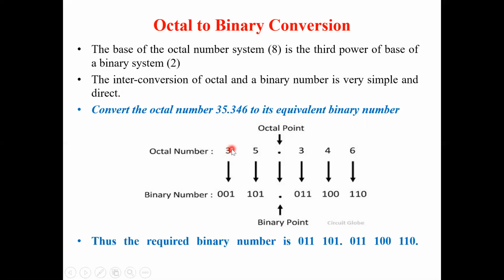For each octal digit, you write the 3-bit representation, keep the octal point or binary point at the same place, and then write the string. So this is how you convert octal to the equivalent binary number. Finished?